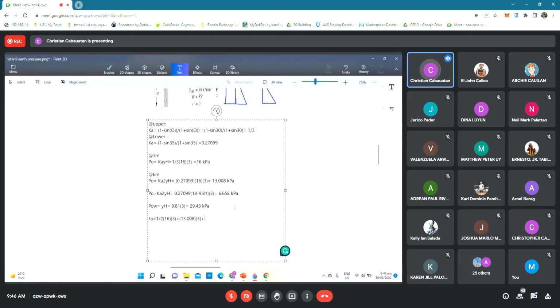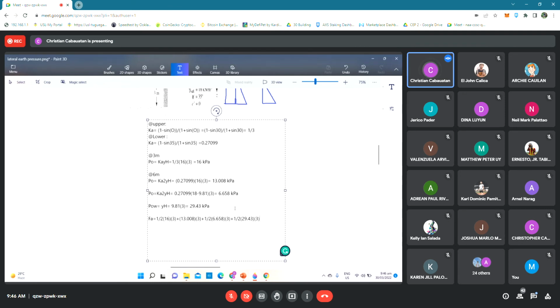And for your third part, which is 1/2 times 6.658 times the height, which is 3 meters, and the last part, plus natin, 1/2 your base, which is 29.43, and your height would be 3 meters.